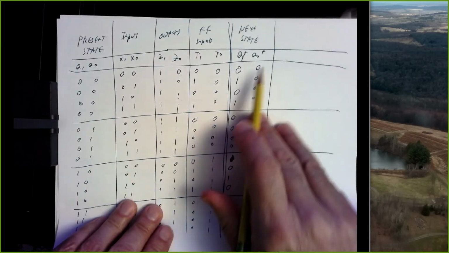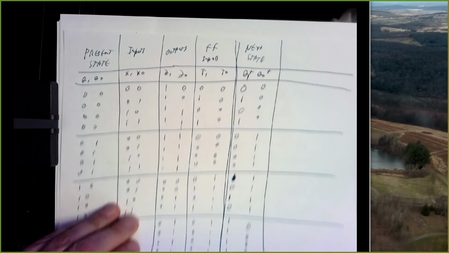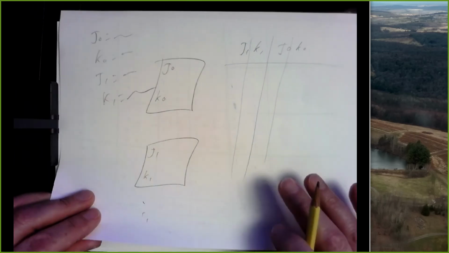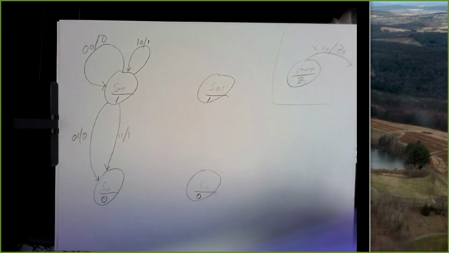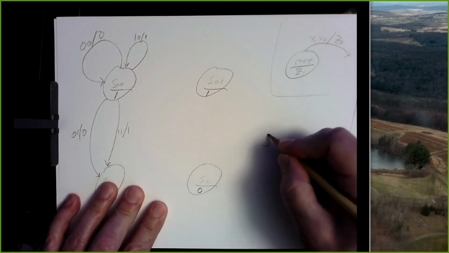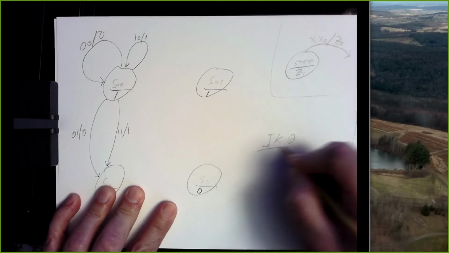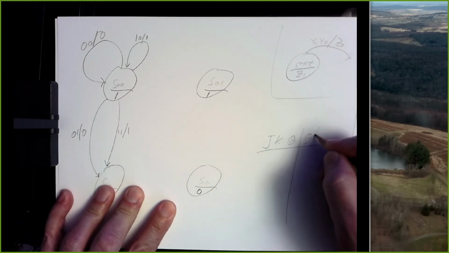And then when we want to know what the new state is, we would use the flip-flop excitation table for a JK, which looks like this. If you have a J and a K and a current value of Q, what's the new value?